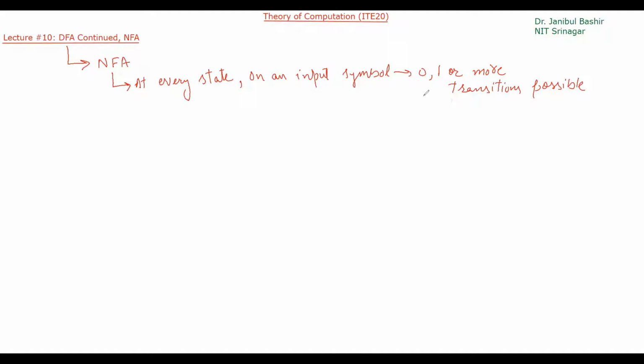Fine. And that means that when we are giving a string as input to an NFA, this NFA has a choice to follow different paths. So it can follow path 1, path 2 or path n.